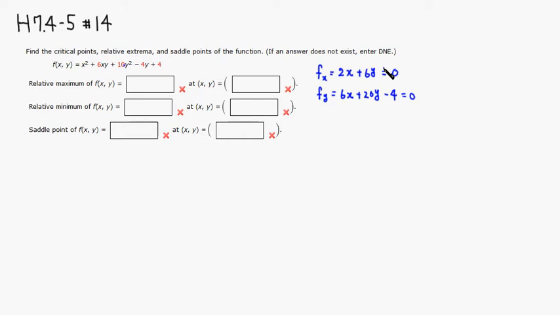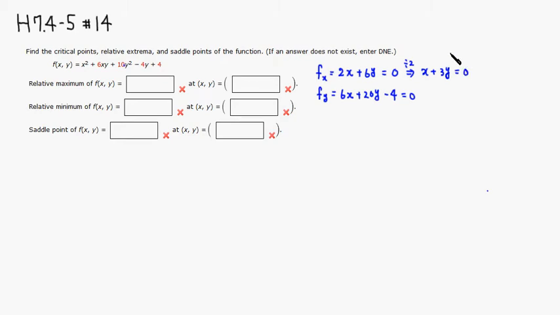We set these partial derivatives equal to 0 and solve. First, I'm going to divide the first one through by 2 to make it look simpler, and we have x plus 3y is equal to 0.